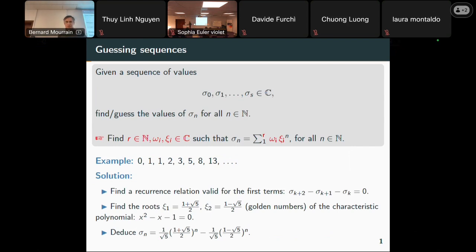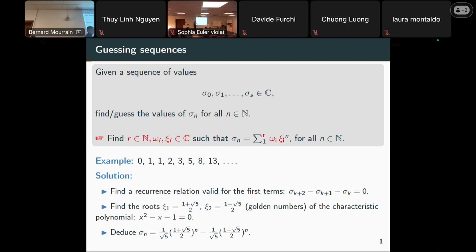And then if you assume this, you are able to say what is the value of sigma n in a reasonably easy way. You look at this recurrence relation, you associate the characteristic polynomial, x squared minus x minus 1, corresponding to the relation there.